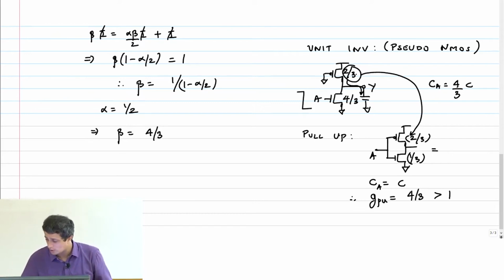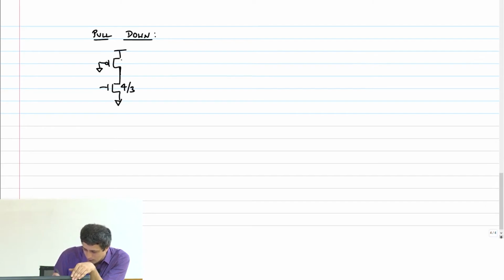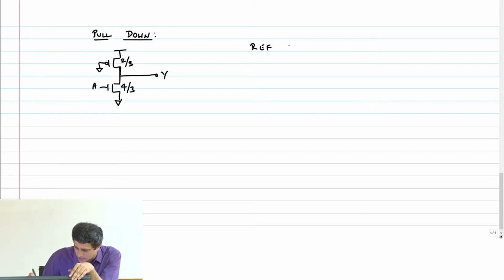Now, what about the pull down logical effort? This is 4/3, 2/3, output Y. I am going to construct my reference inverter. Okay.